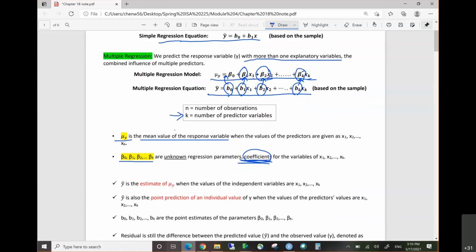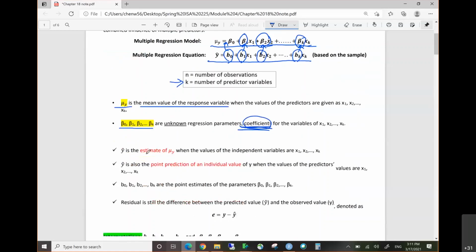Similarly, we still have the two meanings for this y hat. The y hat can be the estimate for the population mean value of y, or it can be just a single prediction of the individual value of y when we plug in the values of the x variables.